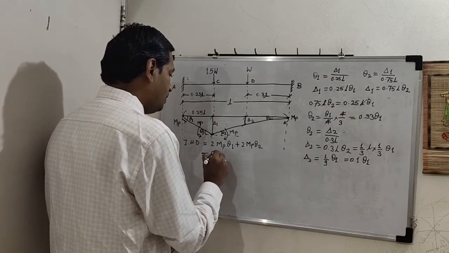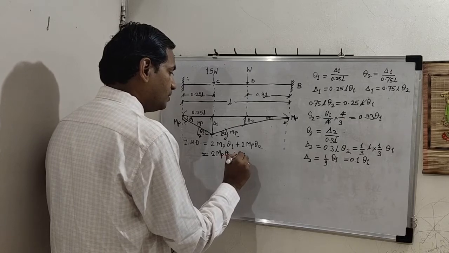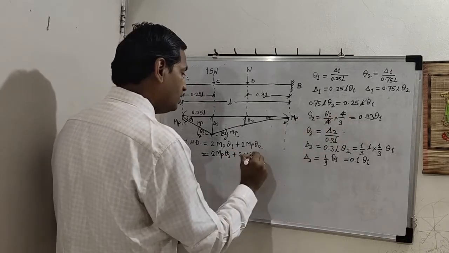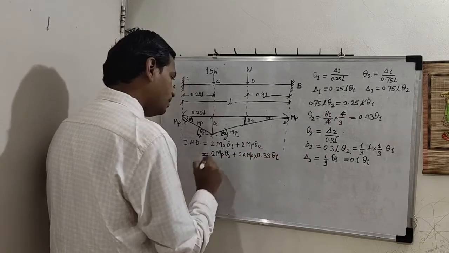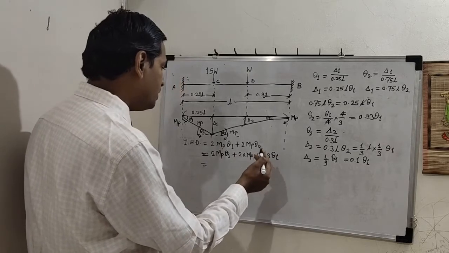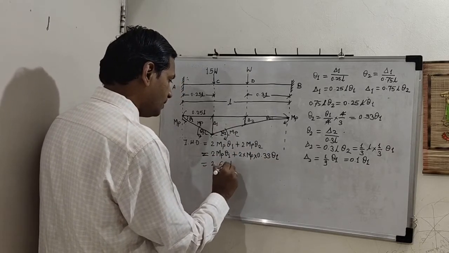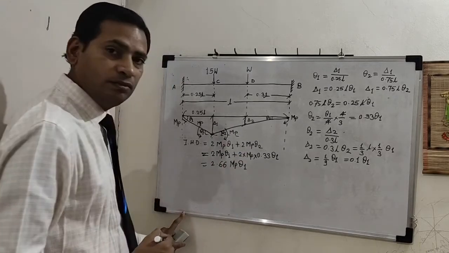So 2 MP theta 1 plus 2 times MP into 0.33 theta 1. So how much is total? 2 into 0.33 is 0.66 plus 2. So 2.66 MP theta 1. This is our internal work done.